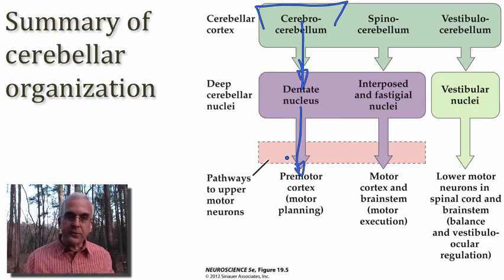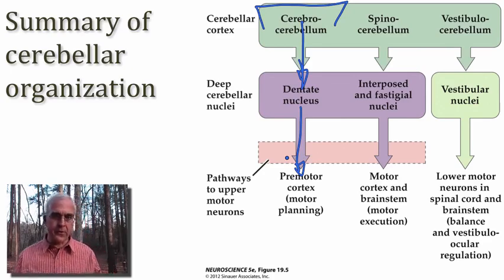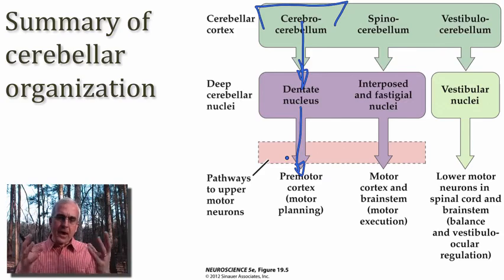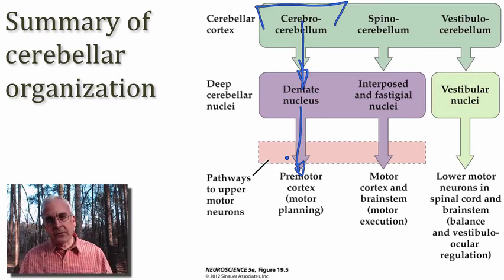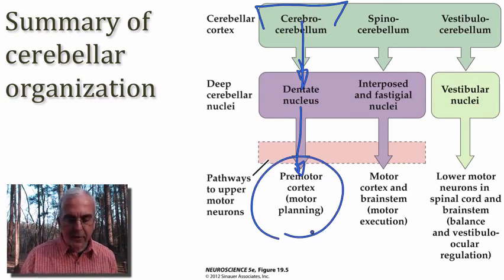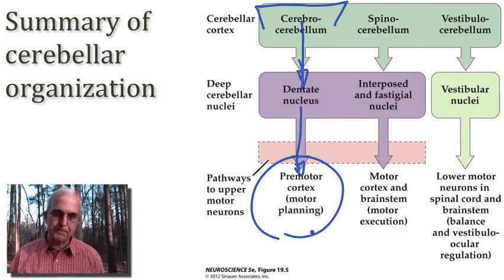And we think this part of the cerebellum is especially concerned with coordinating, organizing, and perhaps even planning the skilled execution of behavior that we do with our hands and our feet. So the connections suggest that this may be the case because the output of the dentate nucleus is largely engaging circuits that will impact the functions of the premotor cortex.